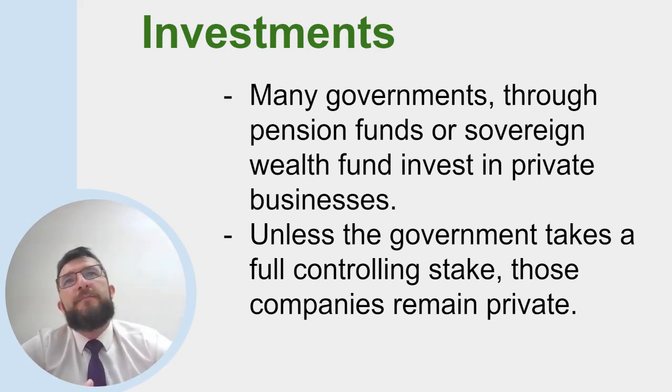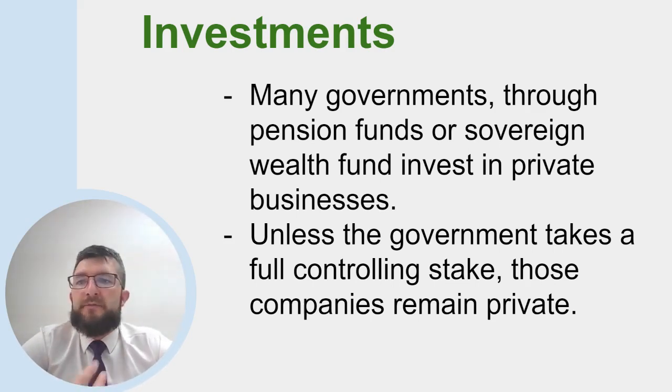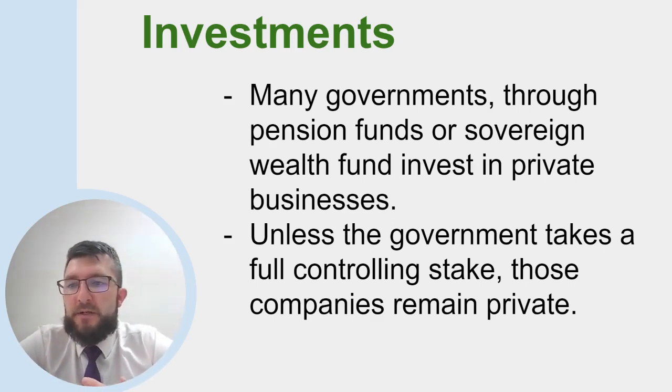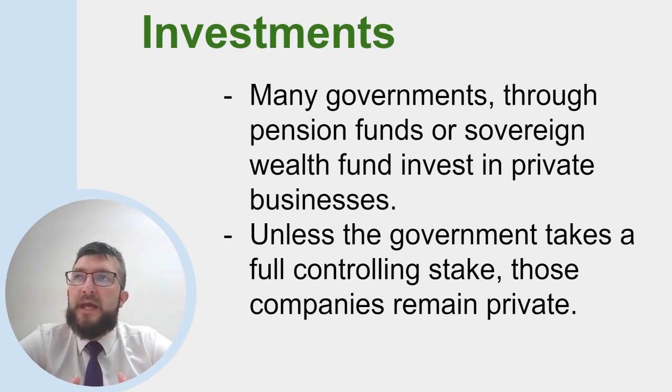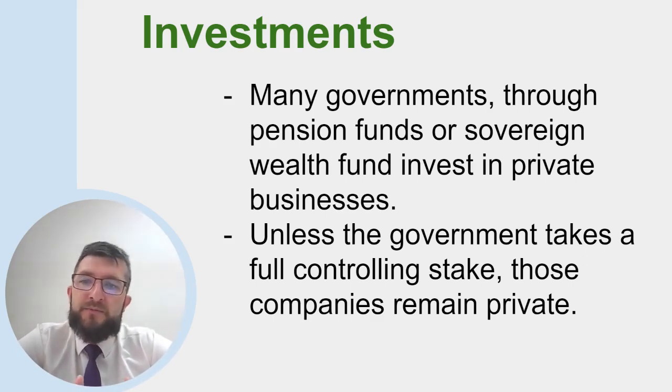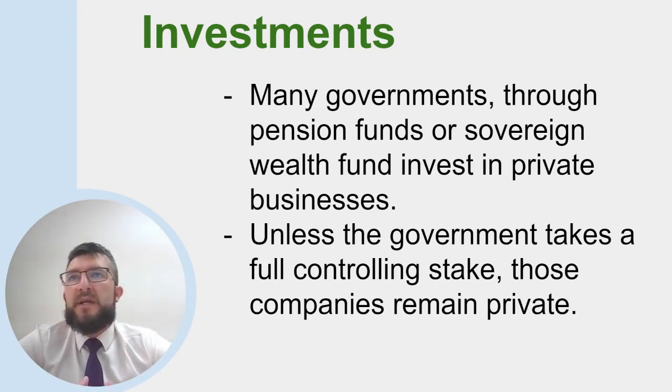So if the government pension fund of Canada owns 10% of the company, they have a stake in that company, sure. They have some level of government ownership of that company, but the company is still a private sector company because the government with that 10% does not have a controlling stake.